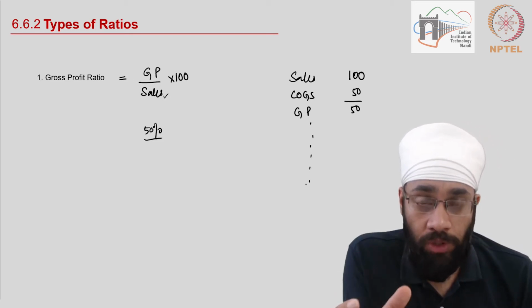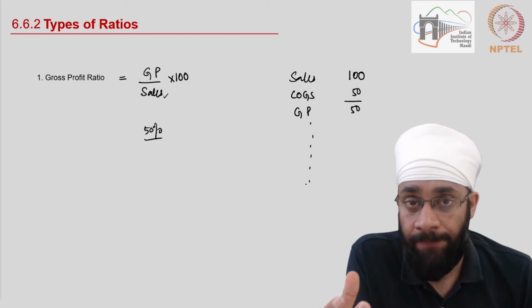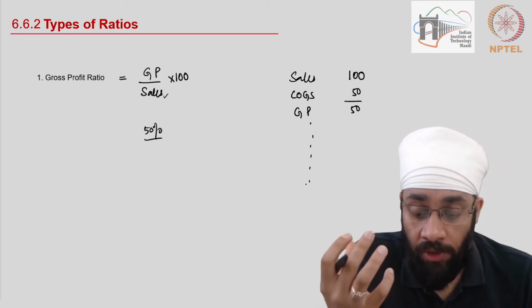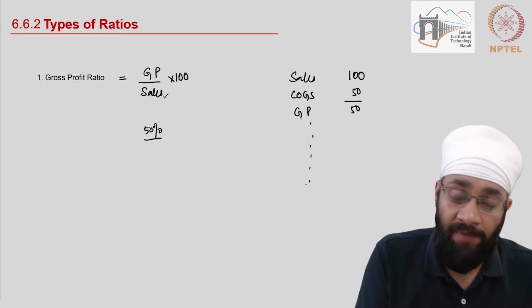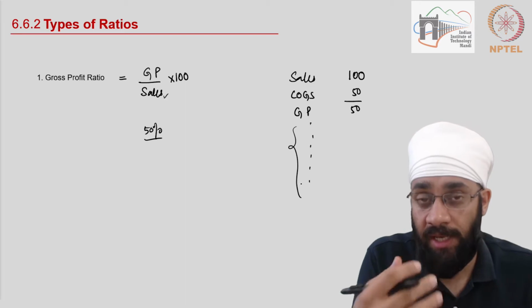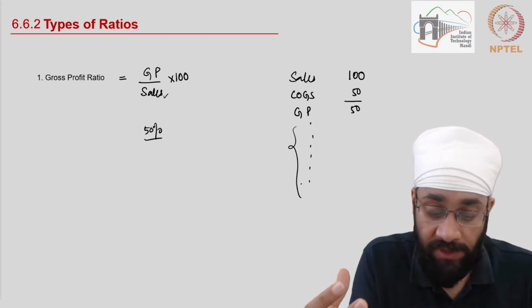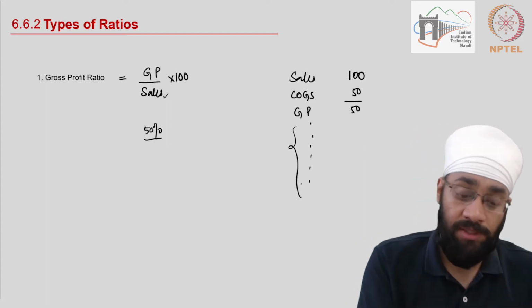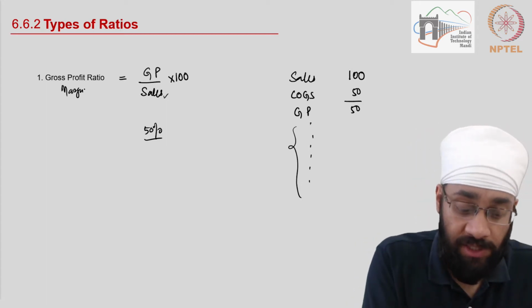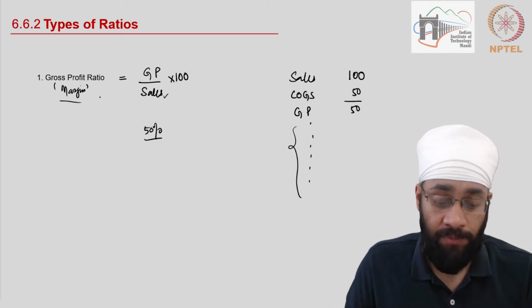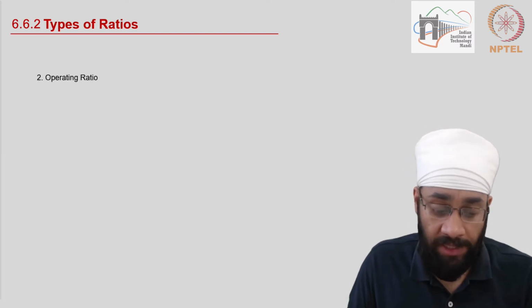To begin with, you have a 50% margin on the cost of the goods that you produce, and then you can use the remaining 50% to pay off the selling, administrative, and finance costs. Very straightforward. The gross profit ratio is also called the margin in general, or the gross margin more specifically, and it tells you the profitability position at the highest level.